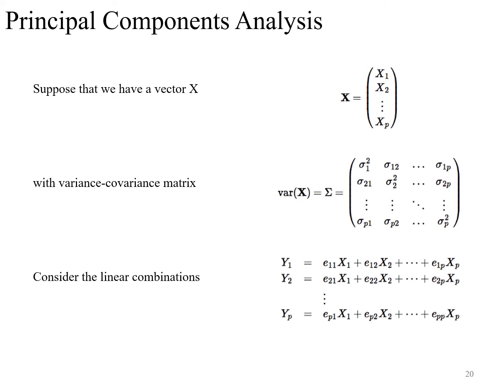So that would be a set of coefficients, one for each of the variables in the original data set, x1, x2, etc., all the way up to xp, that would give you a new variable, y1, which will be our first principal component. And then another set of coefficients, E21 through E2p, that will give us our second principal component, and so on and so forth through p principal components.